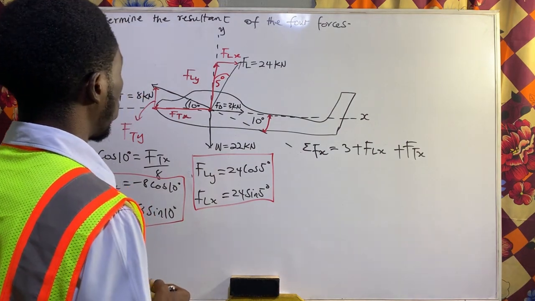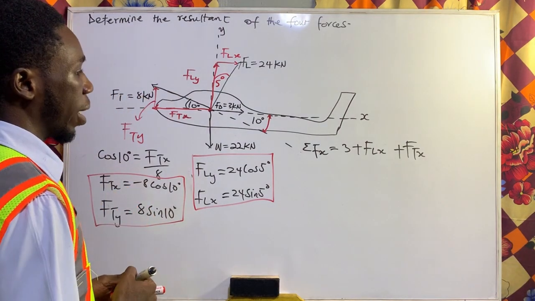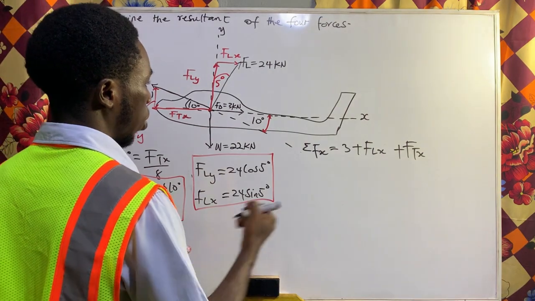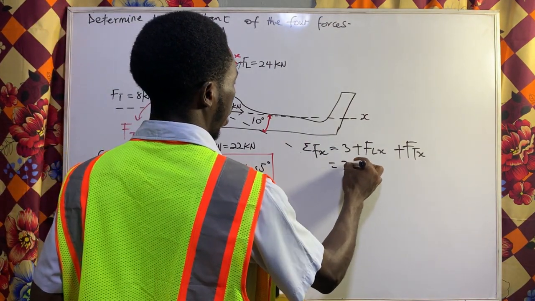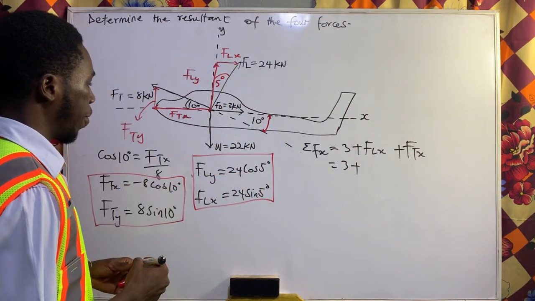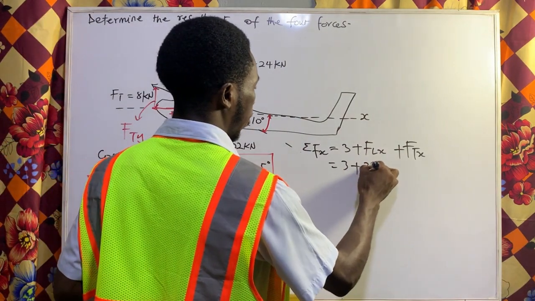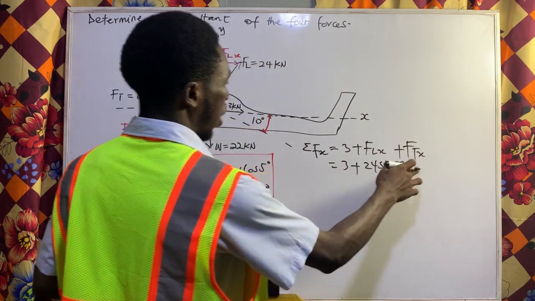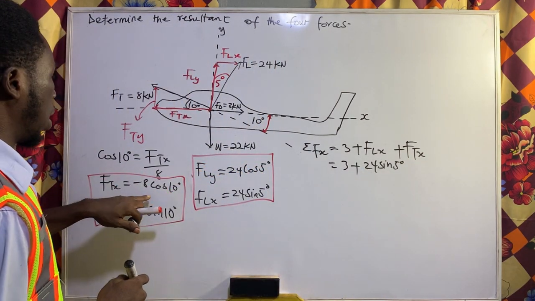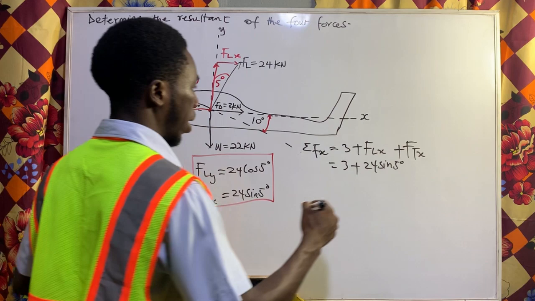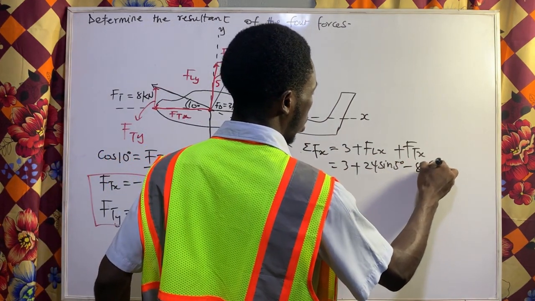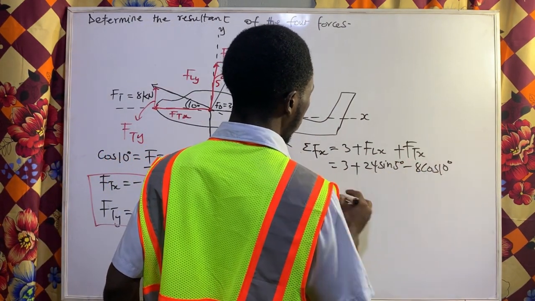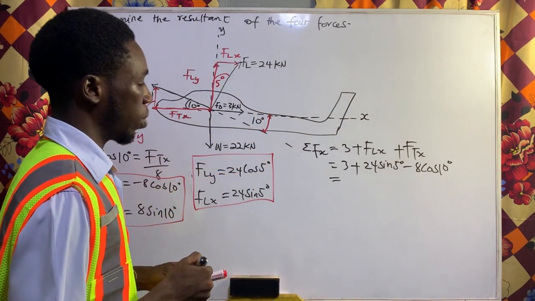Okay, so let's find the sum of these forces. So you're going to have 3 plus, let's substitute the values. You have FLX to be what? 24 sine 5 degrees, right? And then FCX is what? Minus 8 cos 10 degrees. Let's see what you are going to get.